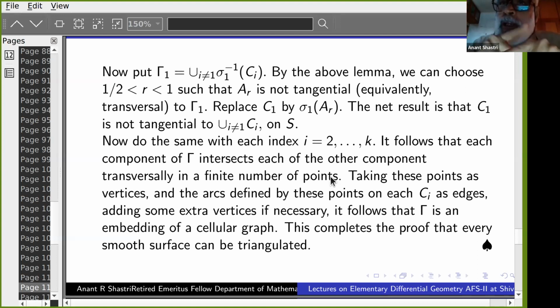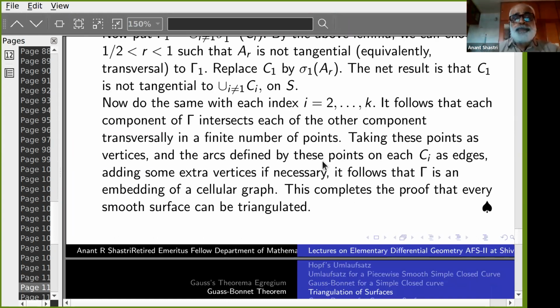But whatever points of intersection there are, you include them. They will be vertices. If you need extra points, only then you put those in. After that, you can cut each of the domains also into triangles by adding extra vertices in the interior of these polygons. Okay, so that completes the proof of triangulation of any smooth compact surface.